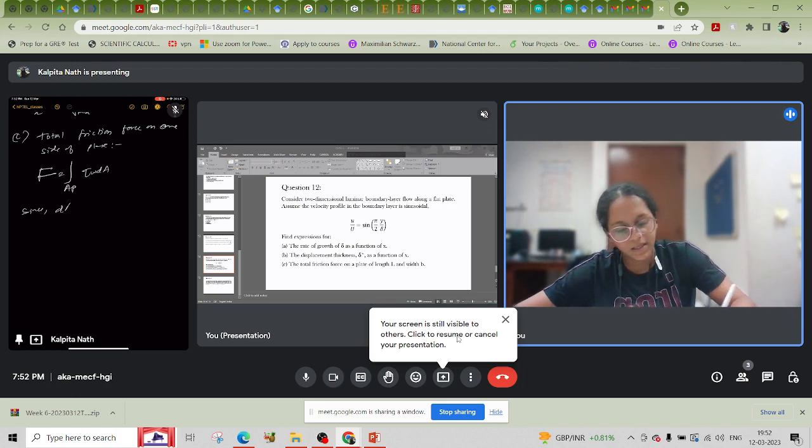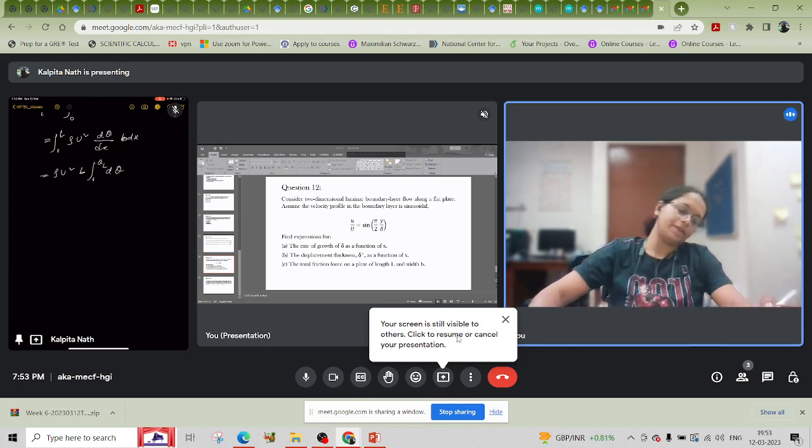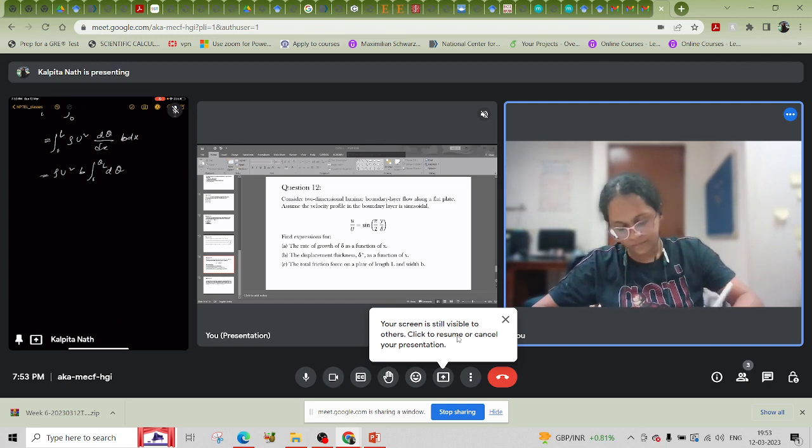Since dA is equal to b dx for 0 to L, F is equal to integral 0 to L of tau w b dx, which is integral 0 to L of rho u square d theta by dx b dx, which is rho u square b integral 0 to theta L of d theta, which is rho u square b theta L.